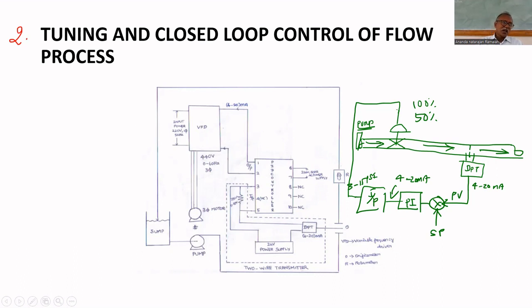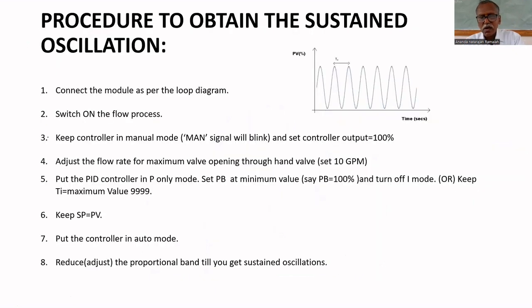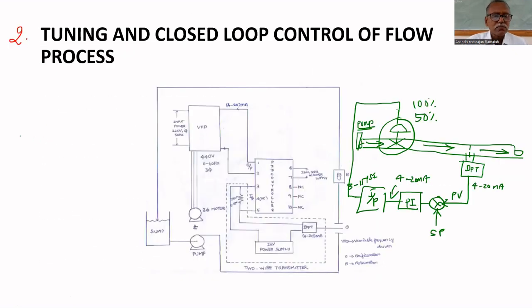Total power how much? 5 multiplied by 10, 50 HP. So of 50 HP power, you are using only 25 HP power. The remaining 25 HP energy is dropped across the valve as waste of energy. So that's why this valve can be replaced by variable speed pump. That we will see now.